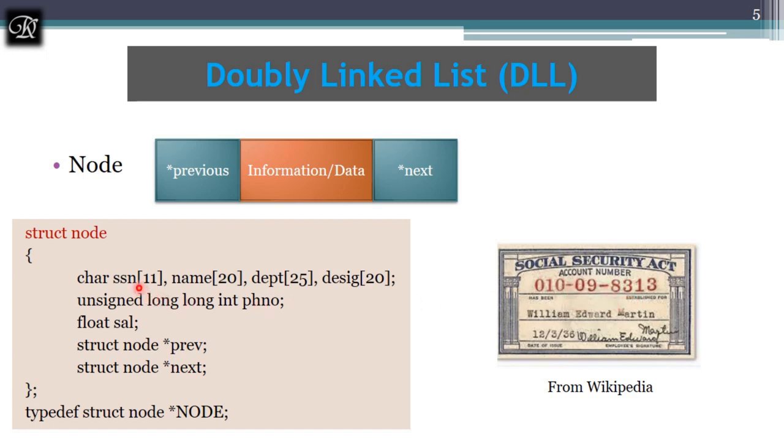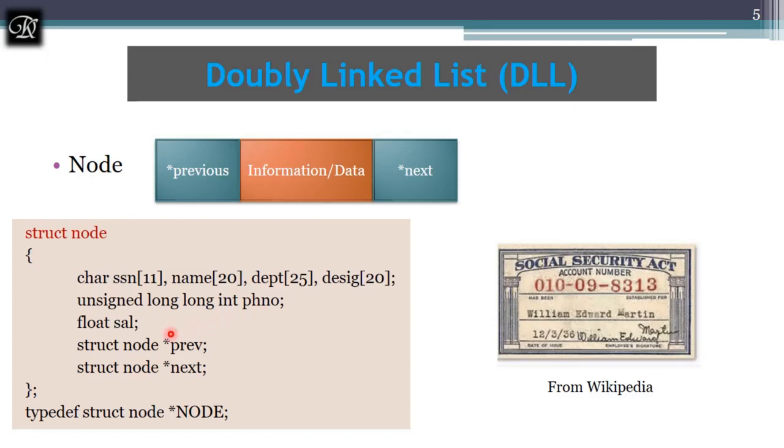That's why I have taken it as a character. Even you can consider it as an integer and proceed, but then you cannot give these hyphens in between. And we have a name as per the question, and department, designation, and I have taken the phone number as unsigned long int, to store the 10 digit phone number on Code::Blocks.